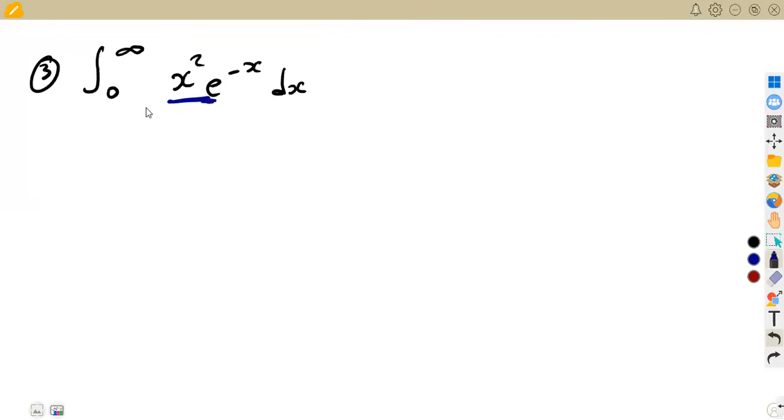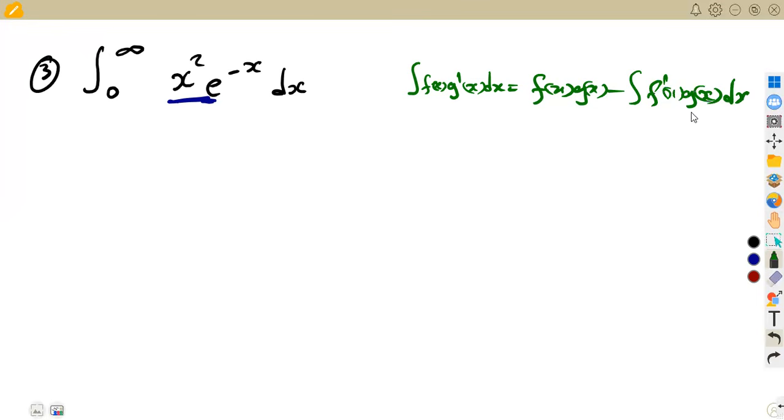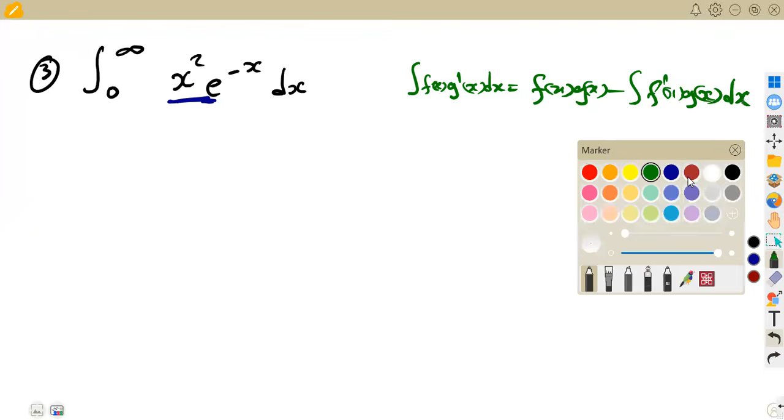As you can check here, this is the application of integration by parts. From our by parts formula, we know that the integral of f of x g prime x dx is equal to f of x g of x minus the integral of f prime x g of x dx. You're given this in your formula sheet, so don't worry much.